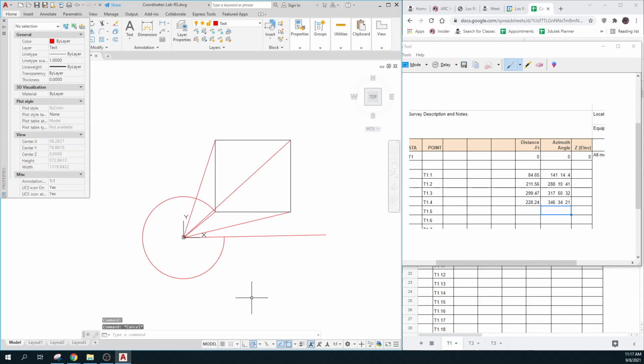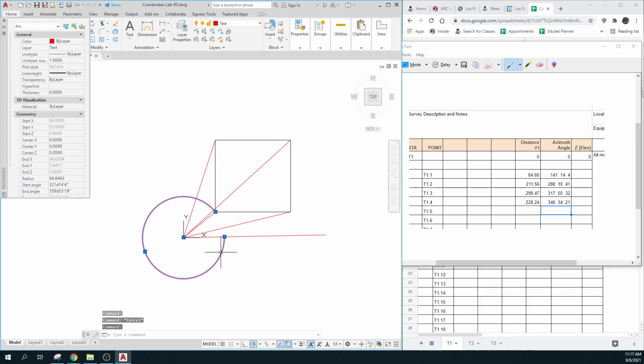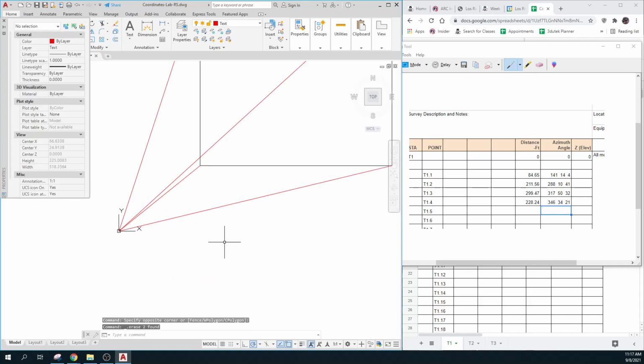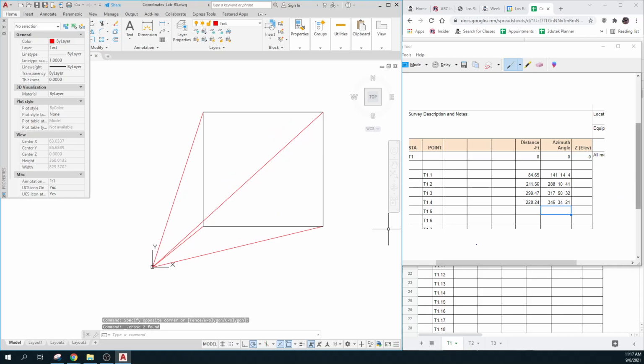You don't actually have to put that in. If you want to, you can do that. I'm just showing you that our machines measure angles in the clockwise direction.